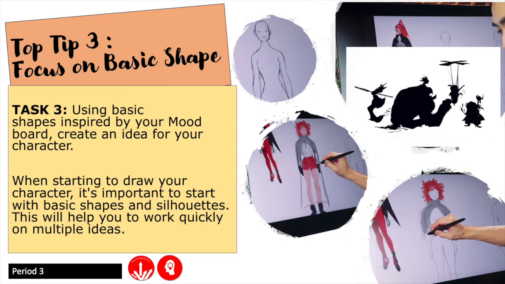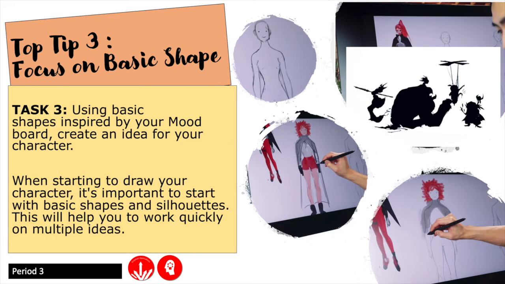Task 3, which is lesson number 3 of this project. You are now going to draw, using only basic shapes, a silhouette for your character. Most characters have very recognisable silhouettes.